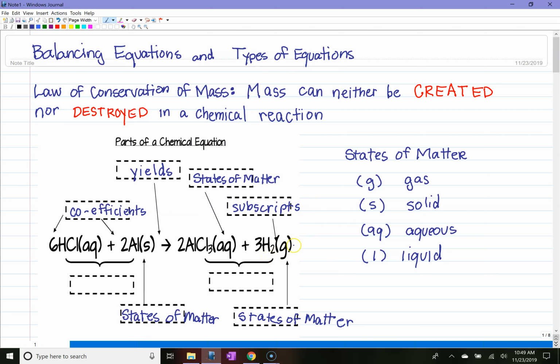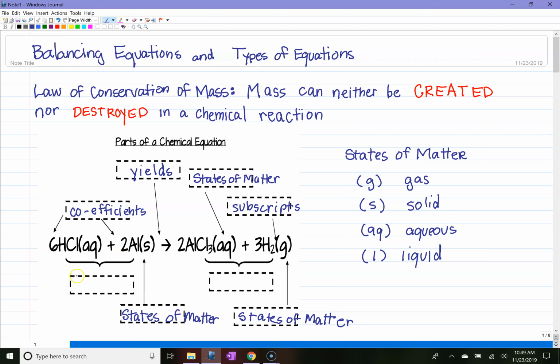You never, ever, ever can change the subscripts. When you're balancing a chemical reaction, once you set the subscripts from writing the formula, all you can do to balance is add coefficients to the front of the number. Coefficients have to be in a whole number form, and they can be added to make the equation balance.